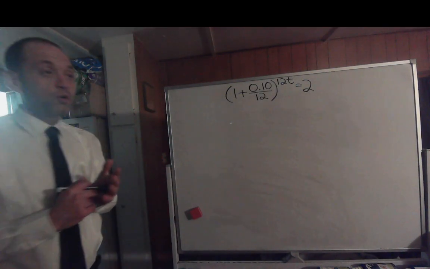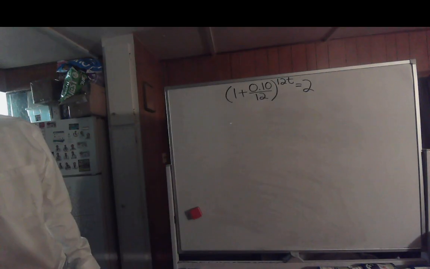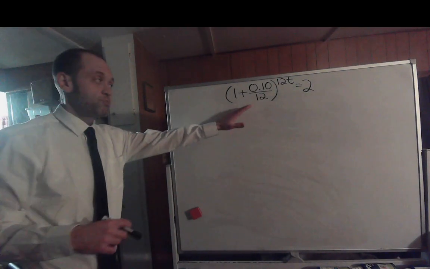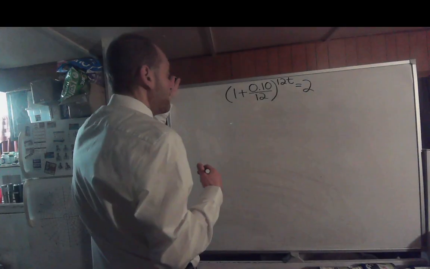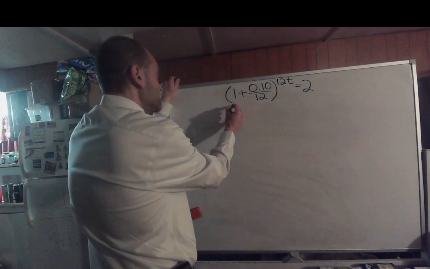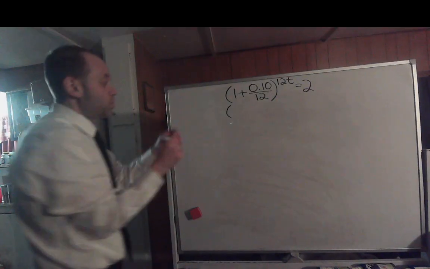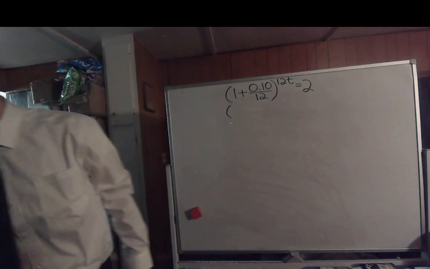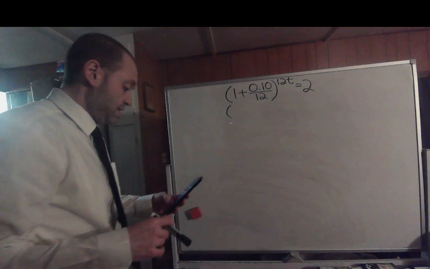So we're going to follow order of operations first. So work inside your parentheses. So let's figure out about what that would be. Try to get it exact if we can.